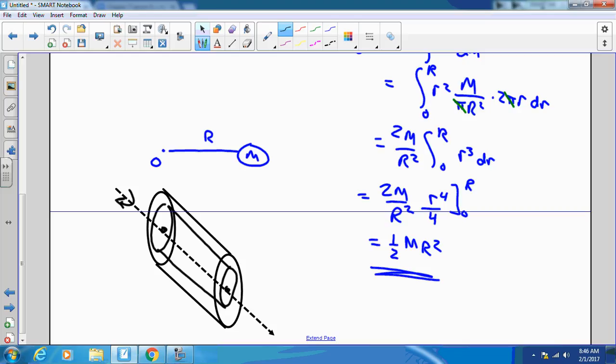And as a result, each one of these points along right here, when I add them up, throw them into the integral, they're going to contribute the same amount. So the length of that object really doesn't matter. Now, it indirectly matters because if I make my object longer, then probably my mass goes up, right? So you see the effect of the length indirectly in the mass, but not in terms of distribution.